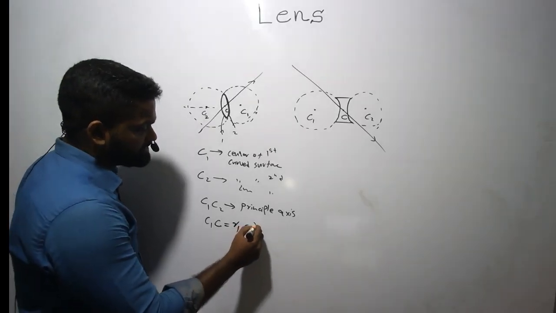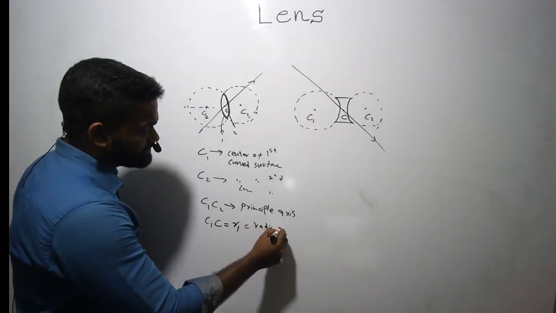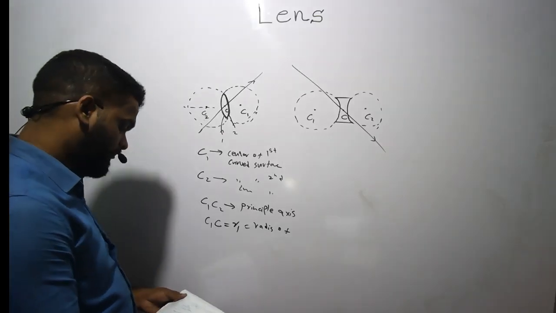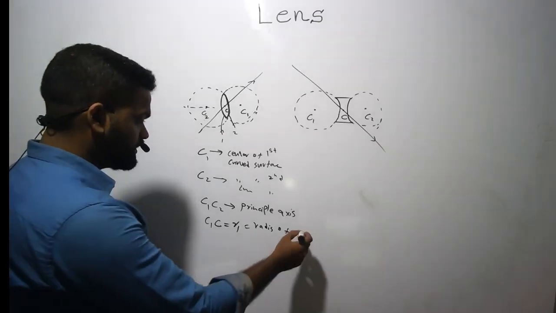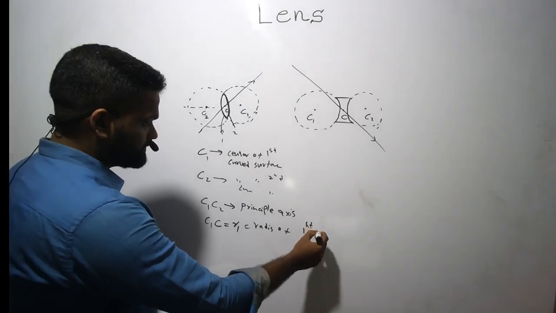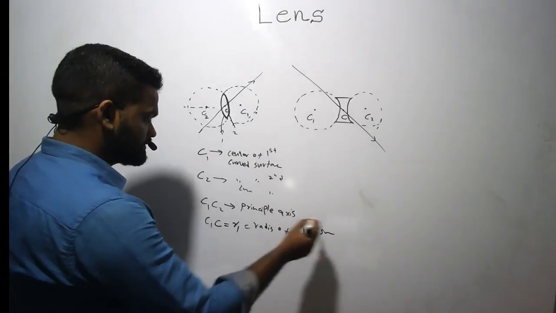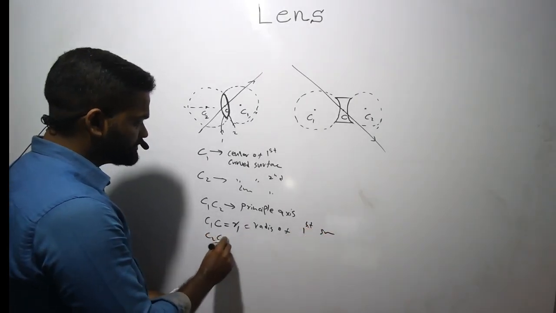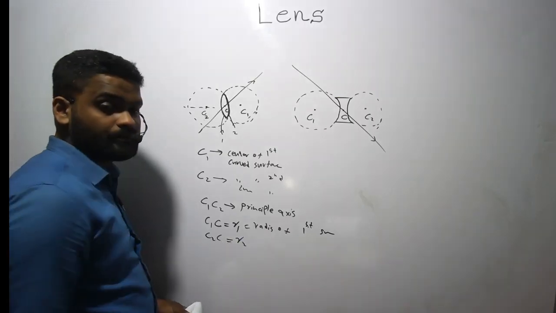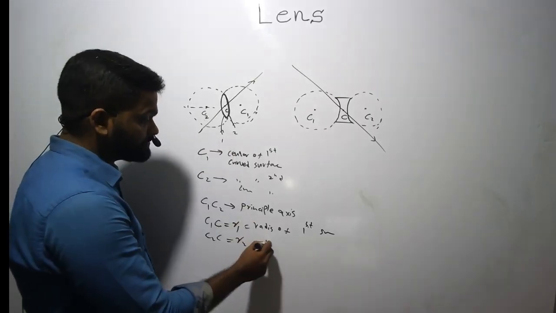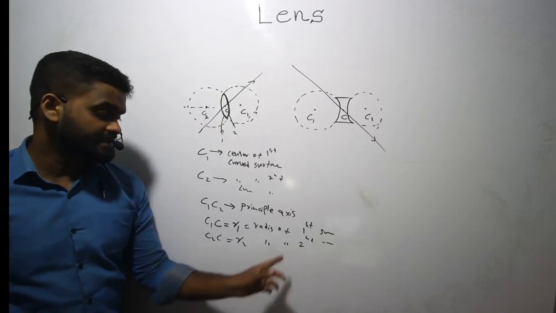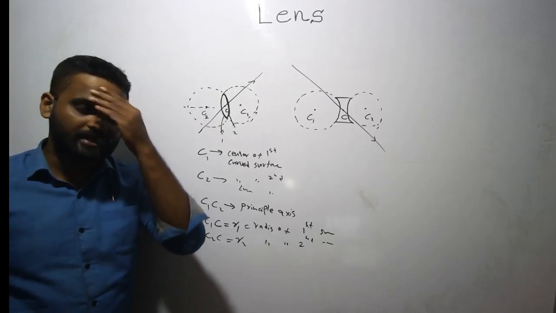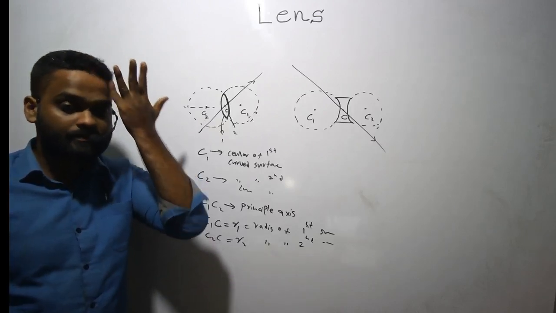We can name it as the radius of first surface. Then you have C2C, let's say R2, that is the radius of second surface. You have to clearly identify these terms, right?